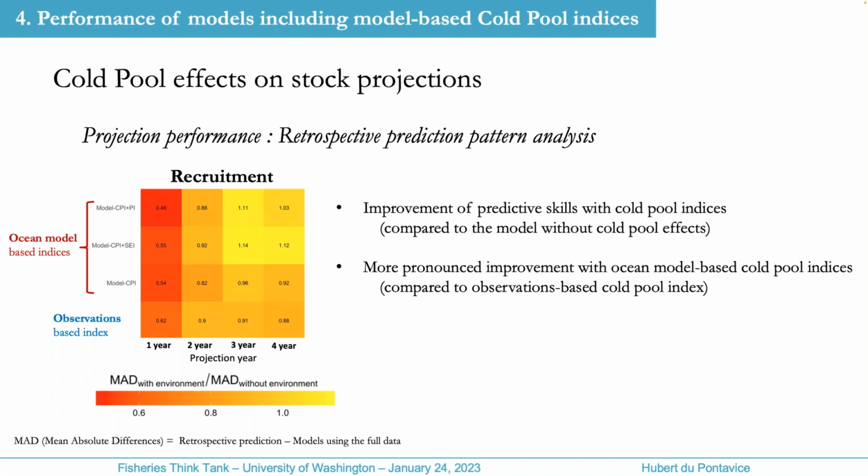And as the prediction lead time increased, after 2 years and 3 years and even 4 years, the recruitment prediction from the 4 models logically deteriorated. We also found that the models that incorporated the ocean model-based environmental indices, so the first 3 rows here, exhibited better predictive performance than the model that incorporated the observation-based cold pool index here.